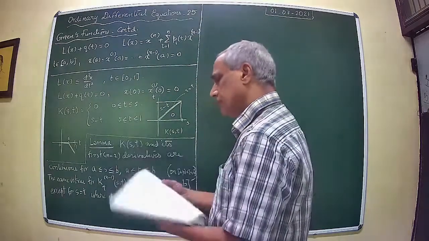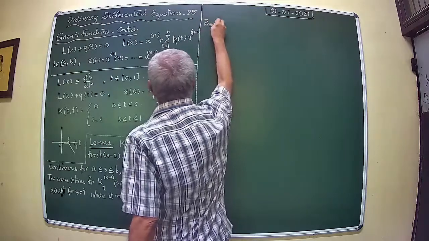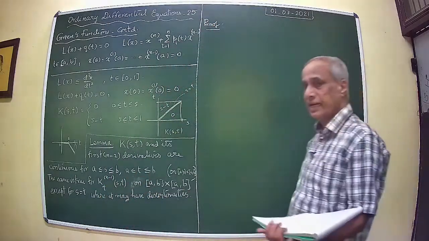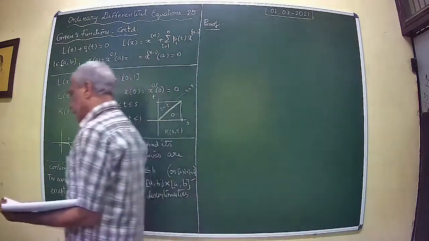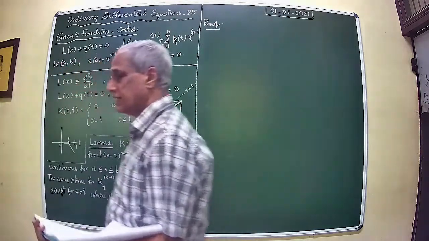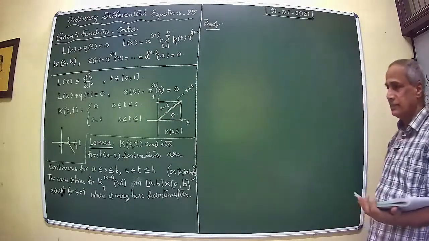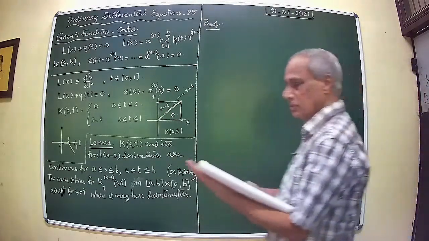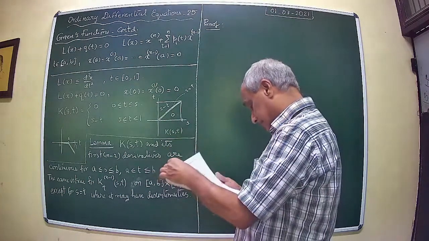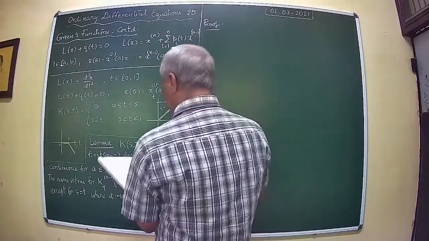So let us prove this result. Give a proof of this lemma, because this is crucial: K(s,t) is a function of two variables, and its differentiability and continuity properties are crucial to the essential proof of the theorem. So what we do is we construct the equivalent system and then work with this. Okay, so we prove it as follows.